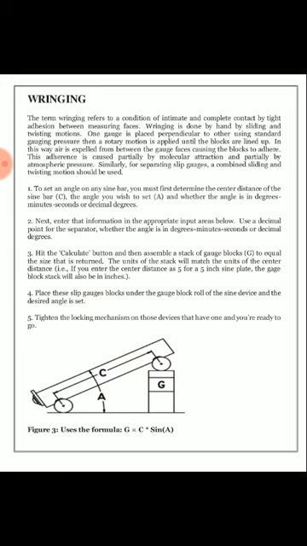Use a decimal point as separator whether the angle is in degrees, minutes, seconds or decimal degrees. Hit the calculate button and then assemble a stack of gauge blocks to equal the size that is returned. The unit of the stack will match the unit of the center distance. If you enter the center distance as 5 inches, the gauge block stack will also be in inches.